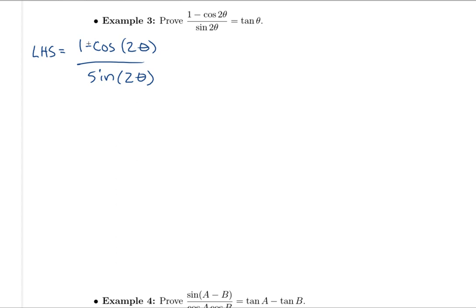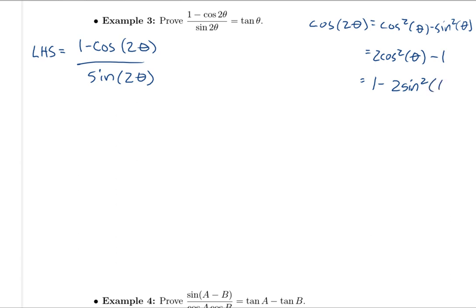So with the double angle formula for cosine, we have options, right? We can say that it's equal to the cosine squared of theta minus the sine squared of theta. We can say that it's 2 cosine squared theta minus 1. And we can say that it's 1 minus 2 sine squared theta. So we have 3 different versions of the double angle formula for cosine.